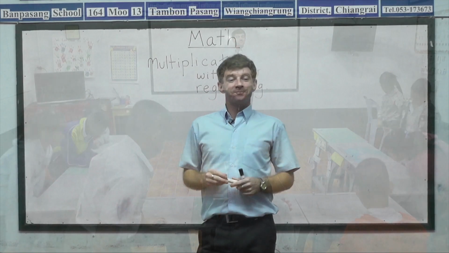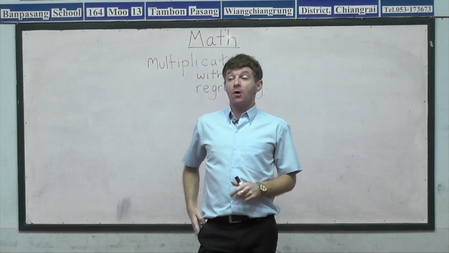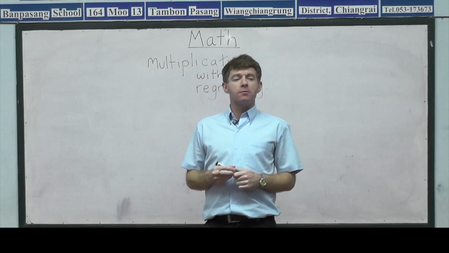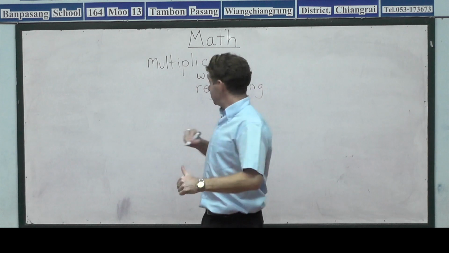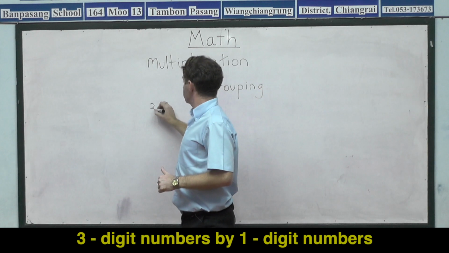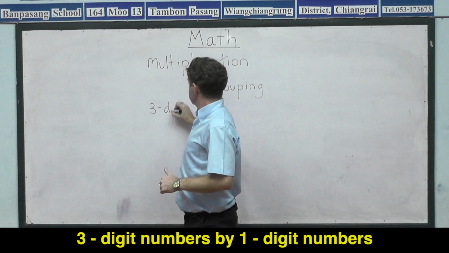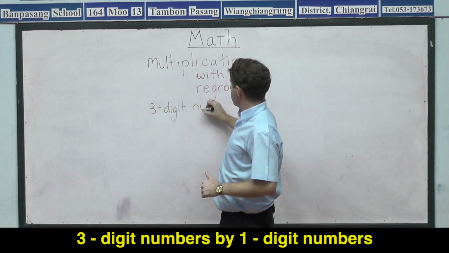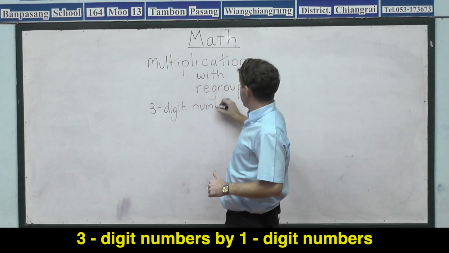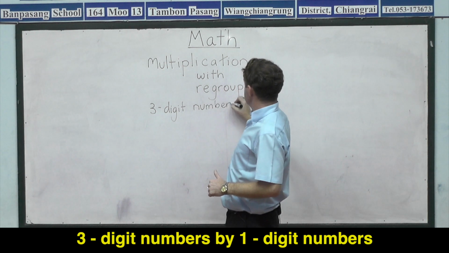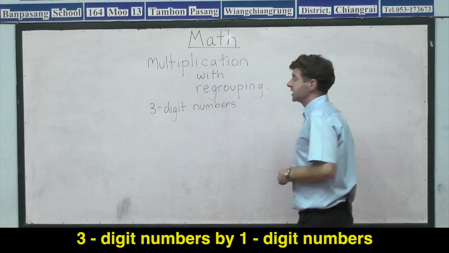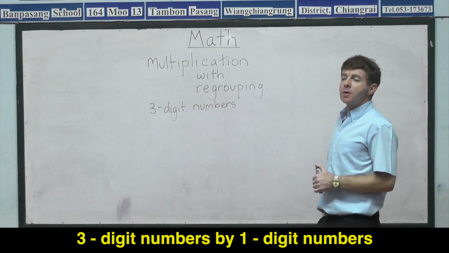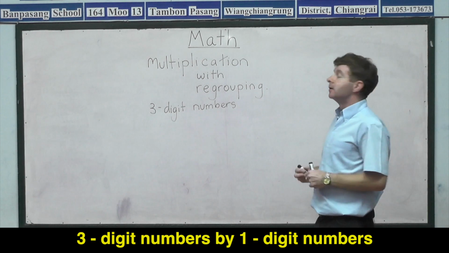So now, let's do a little bit more of how many digits are we multiplying again? 3-digit numbers. N-U-M-B-E-R-S. And how many digits are we multiplying by? 1 digit.